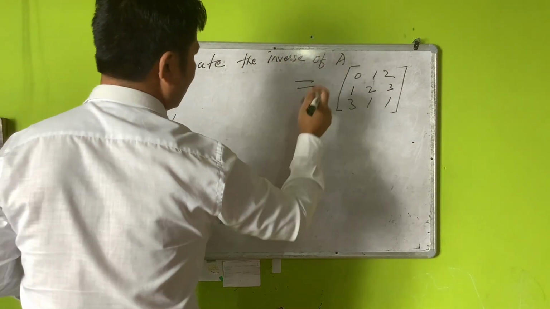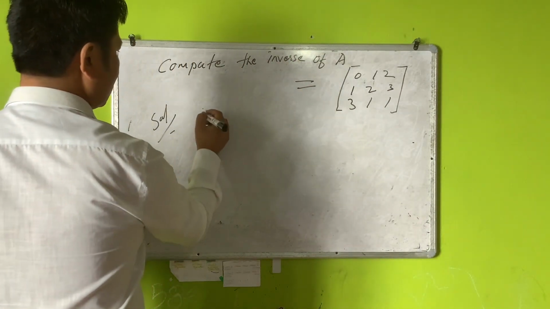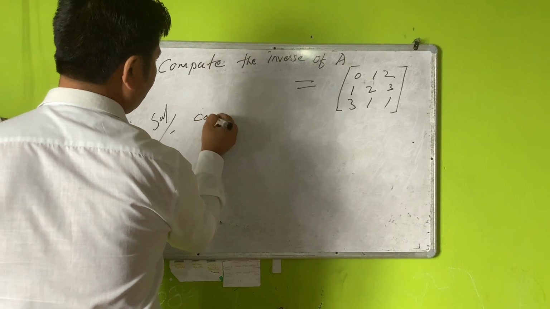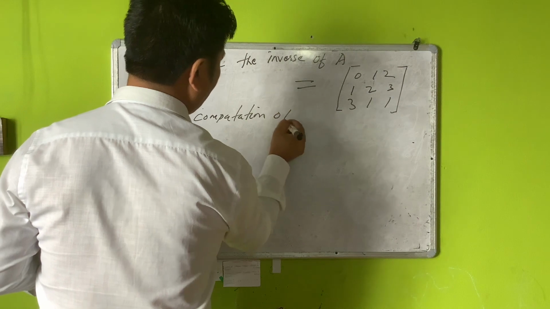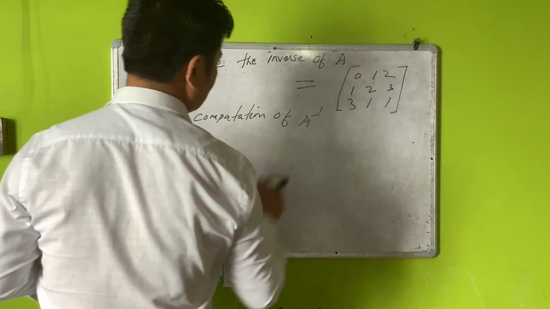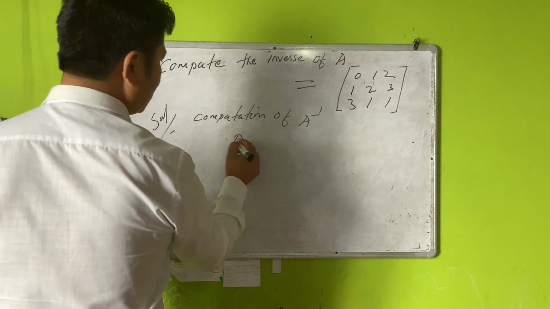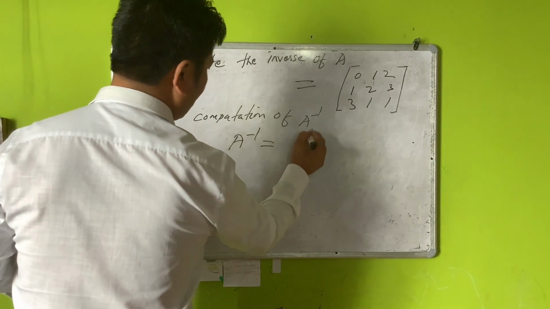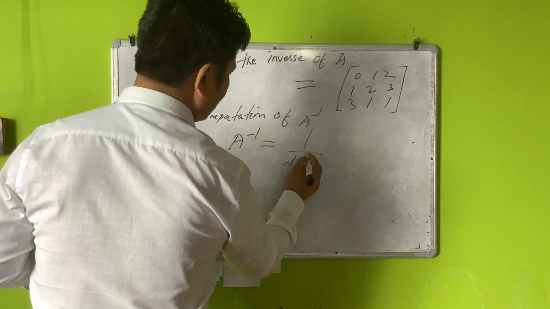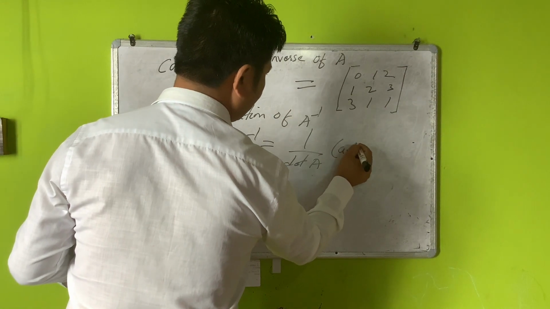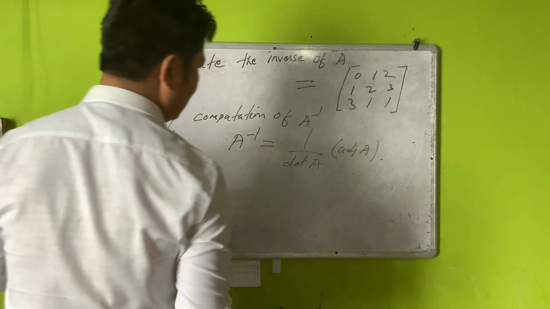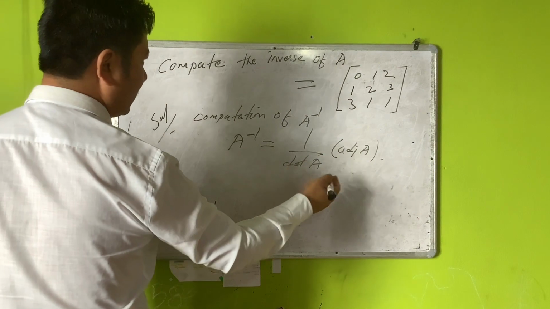Compute the inverse of A. Okay, solution. Computation of A inverse. You know that A inverse is equal to 1 by determinant A into adjoint of A. So first you require what?